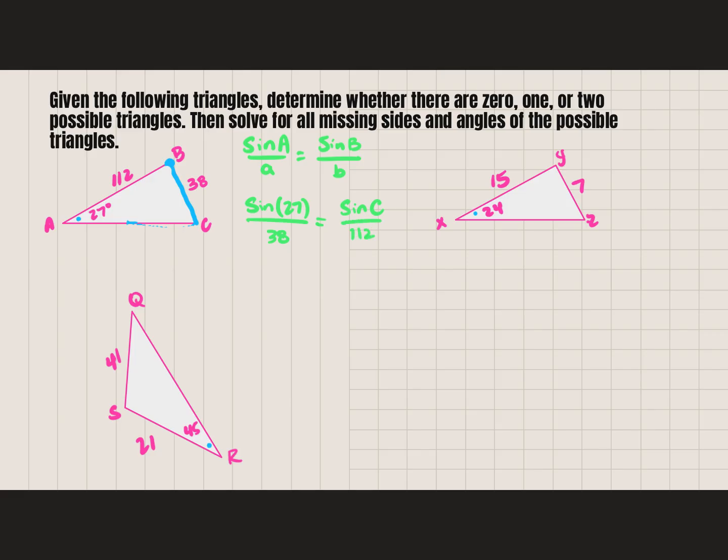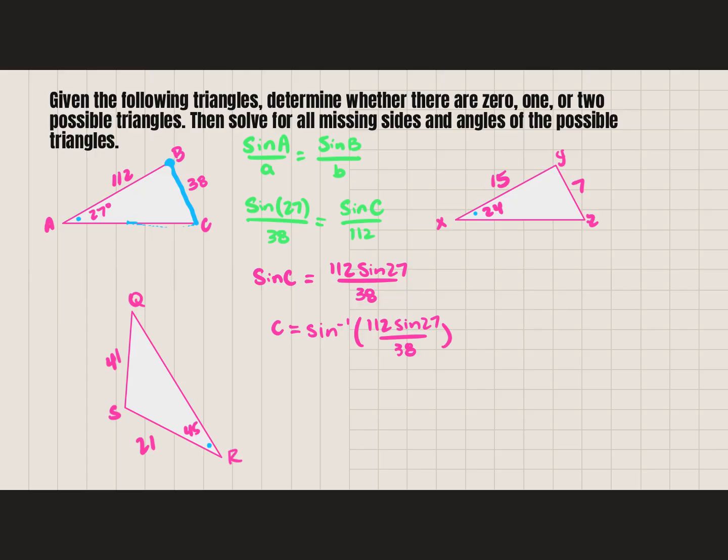And I'm going to go ahead and solve. So I'm going to multiply my 112 on both sides. It's going to give me sine of C equal to 112 sine of 27 over 38. And I can take my inverse sine of both sides to get my angle C.